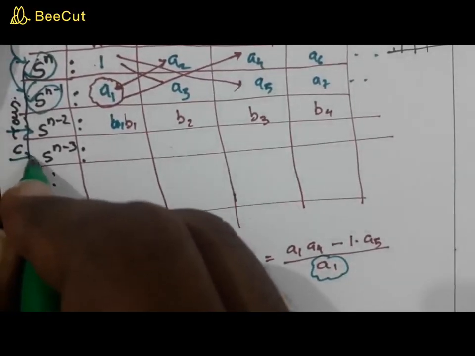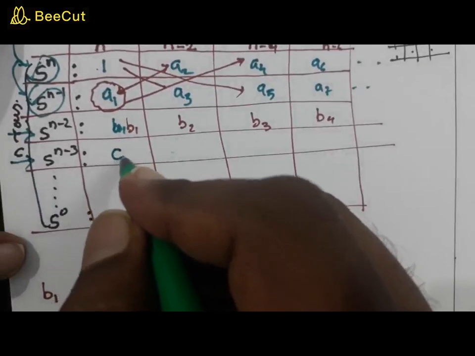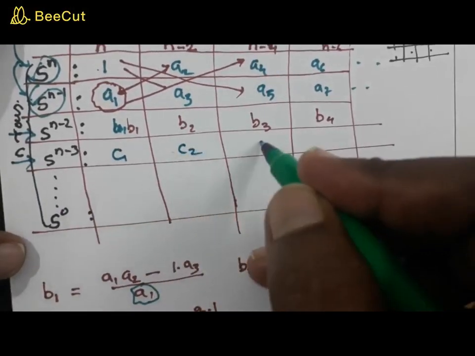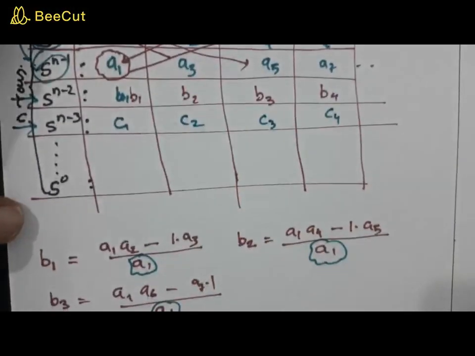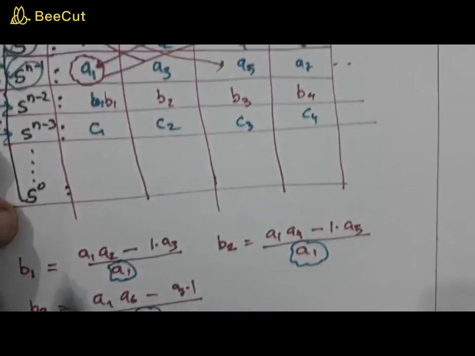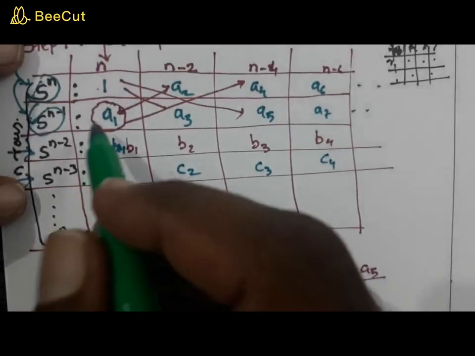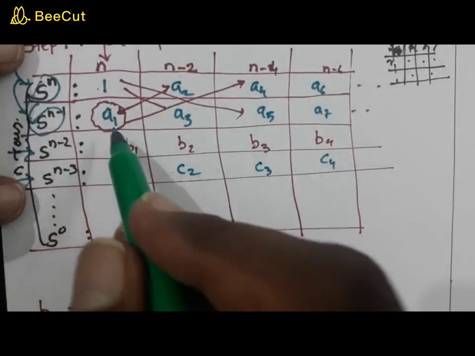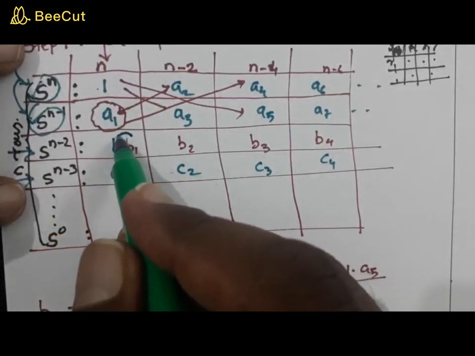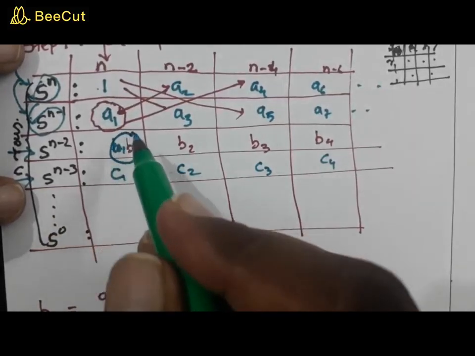Now how will you find out s raised to n minus 3? Let us call these c1, c2, c3 and c4. How to find out this? When c1 is evaluated, the role of a1 will be given to b1.